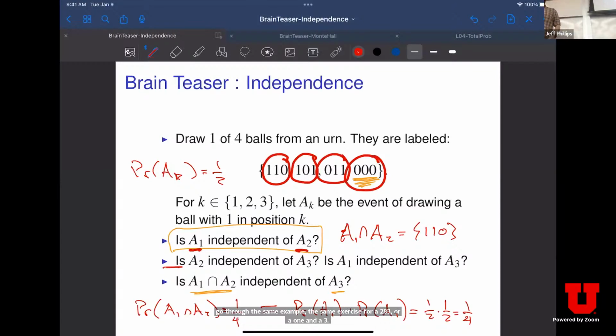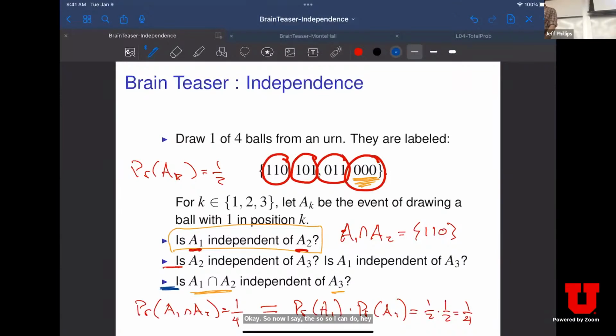But if I look at this third question now, is the event A1 intersection A2 independent of A3?